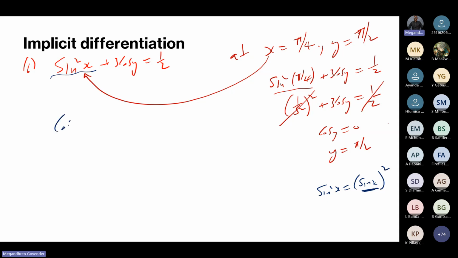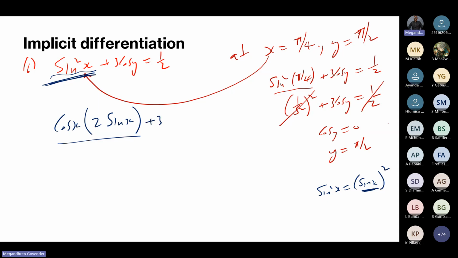Right, it's cos x. Now, what's the derivative of something squared? It's 2 times something. Yes. So the derivative of sine squared x is actually this here. Is everyone happy with that? Yes. Good.